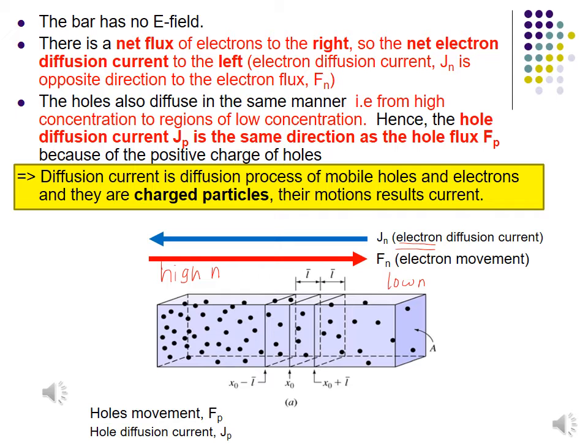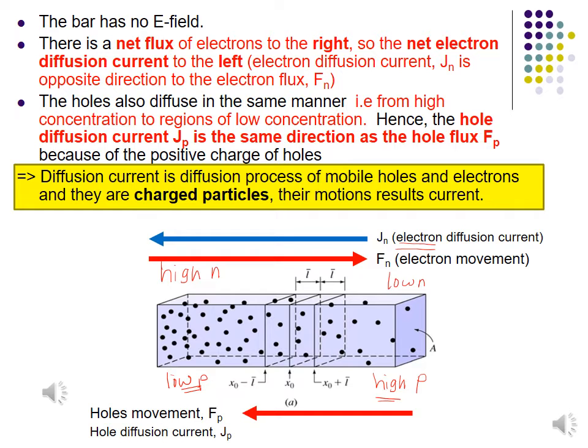At the same time, the holes will move from high concentration region to low concentration region. In this case, the region having high hole concentration is on the right. Thus, holes will move from the high concentration region on the right to the lower concentration region on the left. This also will result in diffusion current.